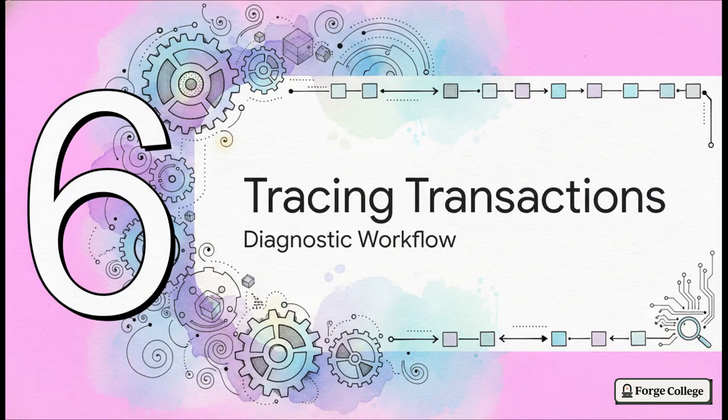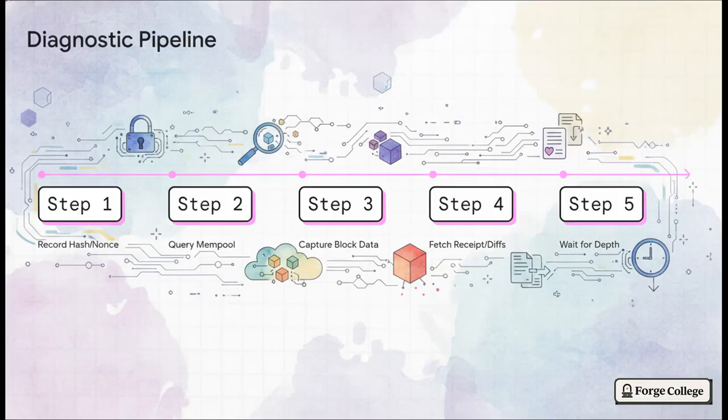Finally, let's wrap this up by looking at how we can trace all this in the real world. Let's see how this entire life cycle builds into a totally practical workflow that you can use to diagnose your own smart contracts. Treat this timeline as your essential diagnostic pipeline by checking these exact checkpoints, from capturing your initial hash to query the mempool, all the way to fetching the execution receipt.